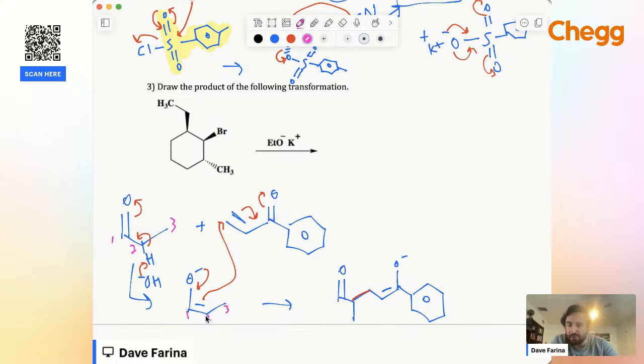It is the alpha carbon that attacks. So the third carbon better still be there. And then over here, it attacked this edge carbon, which pushed the pi bond here, which pushed the pi bond in the carbonyl up there. Okay, so there's the new pi bond. Now let's go ahead and protonate. Let's get water in there.